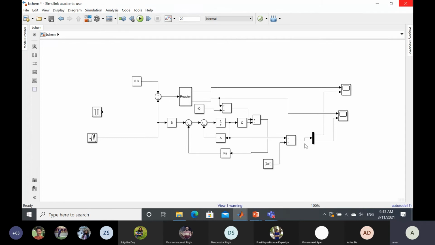The controller will take the observed state and then control the system. In that case, it will become an observer controller. Okay.